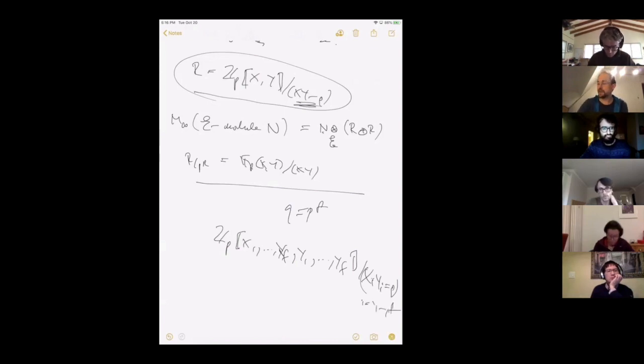And when f is bigger than 1, that ring is not a regular local ring. And so Cohen-Macaulay modules in that ring are not automatically free modules.